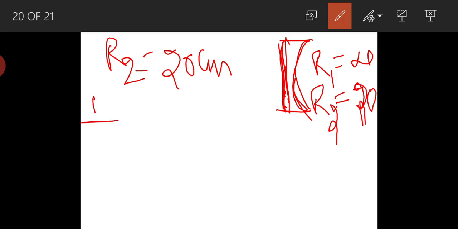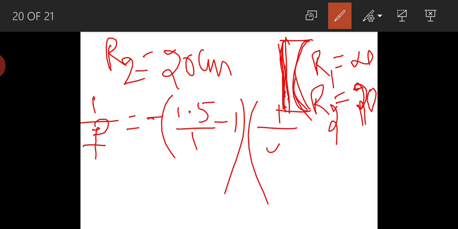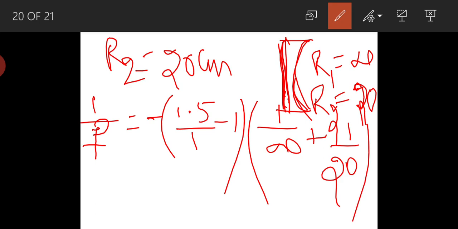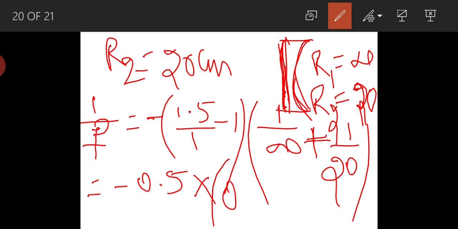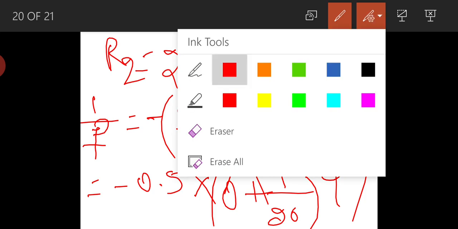So on applying the formula, 1 by f is equal to minus of (n2 by n1, that is 1.5 by 1, minus 1) into (1 by infinity plus 1 by 20). So this is minus 0.5 into (1 by infinity, which is always 0, plus 1 by 20).